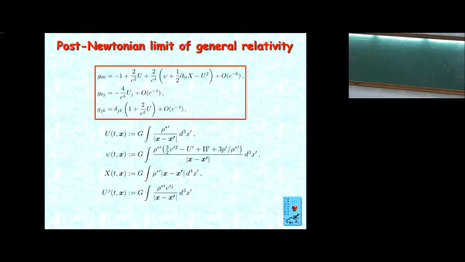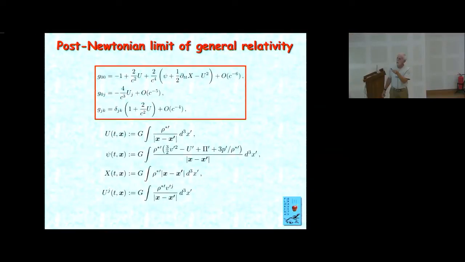There's a term that's just proportional to u squared, the square of u, and part of it came from this HKK, and part of it comes from the Landau-Lifshitz contribution in H00. They combine to produce that. And then there's this thing that just gathers together all of these potentials generated by v squared, u, pi, and p.